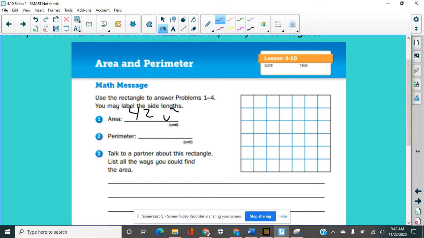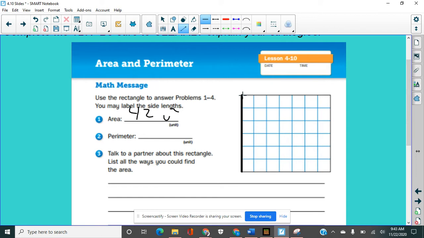Go around this. So what could we do to find the perimeter? Okay, we could count each side and then add it up. We could count each side and then know that the other side is the same, right? So 1, and I'm going to draw my lines here. 1, 2, 3, 4, 5, 6, right?